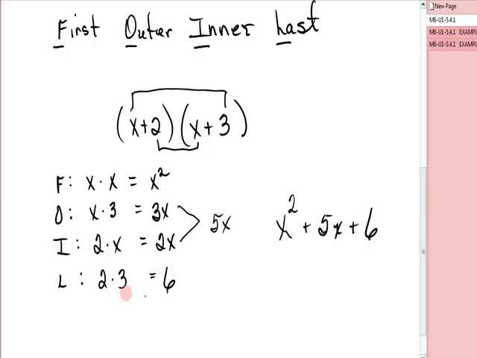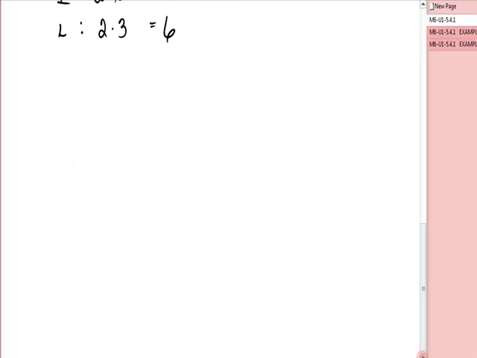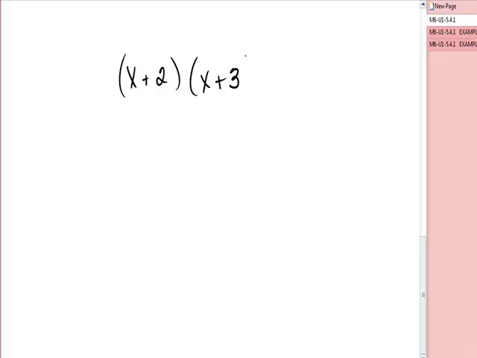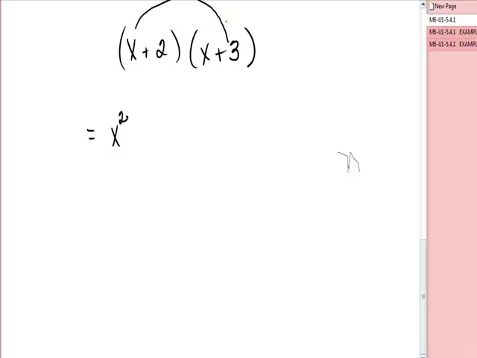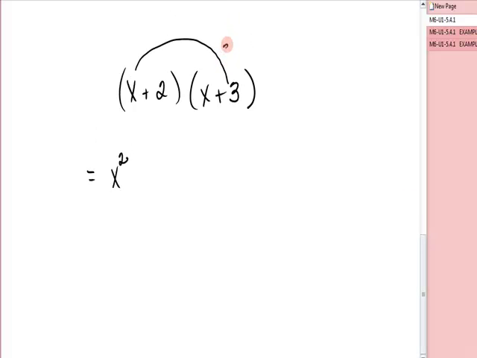Now, the way I've written it here on the screen, this is not very much of a shortcut. But let me show you where I hope we are headed with this. We have x plus 2 times x plus 3. If we use FOIL, the product of the first is going to give me x squared. Now, you may need to write down that the outer product is 3x, and you may need to write down that the inner product is 2x.